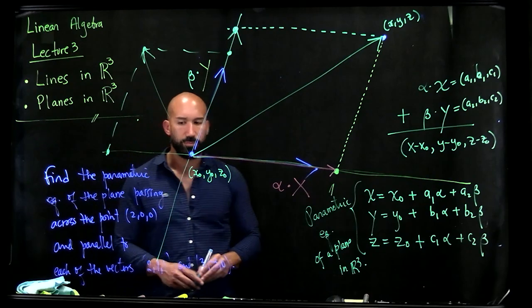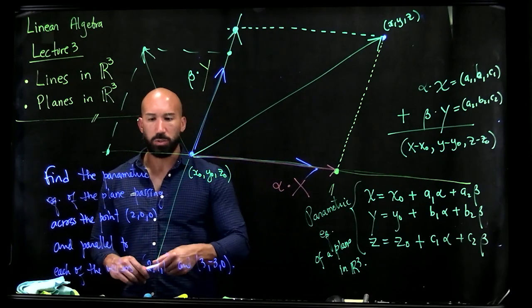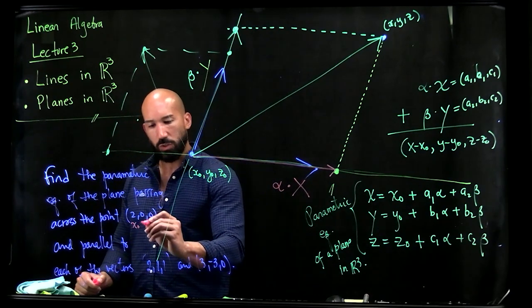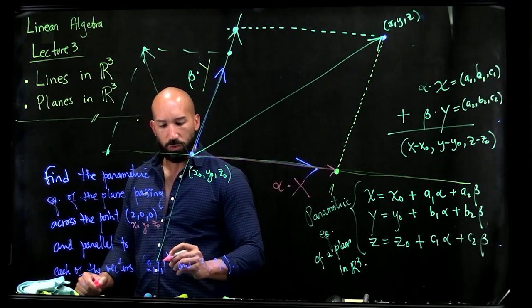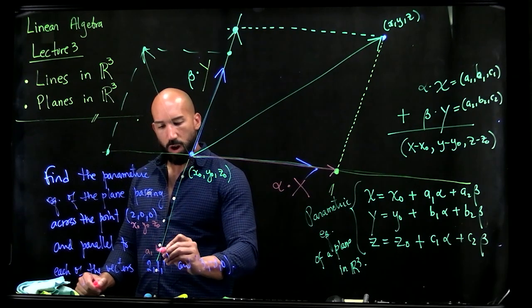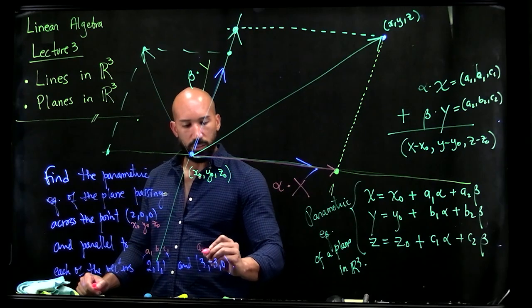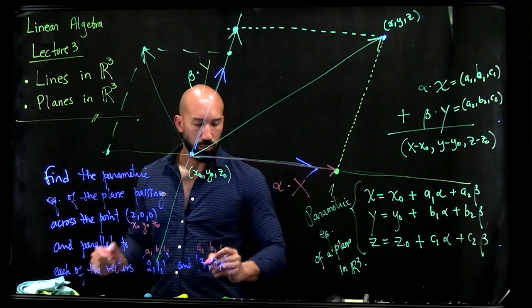Okay? But this again is pretty simple because this is gonna be x0, y0, z0. This is a1, b1, c1, and this is a2, b2, c2.